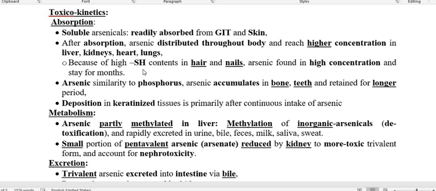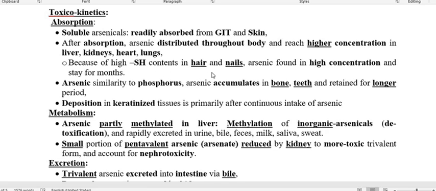What are the other places where the concentration is higher? The hair as well as the nails have a higher concentration of arsenic, because, as I earlier mentioned, the trivalent form of arsenic has the capability to bind with the SH group, the thiol group.